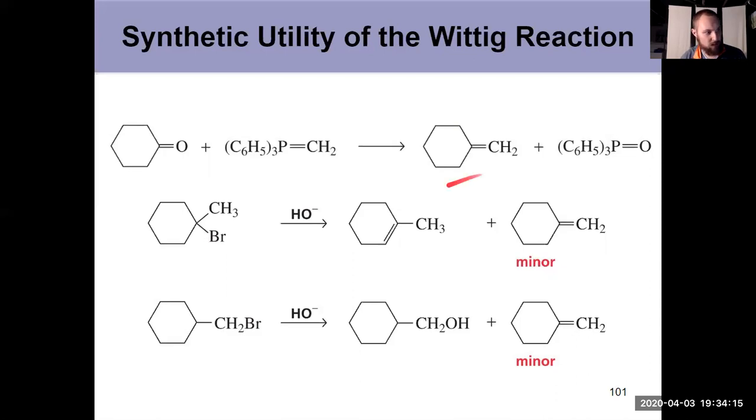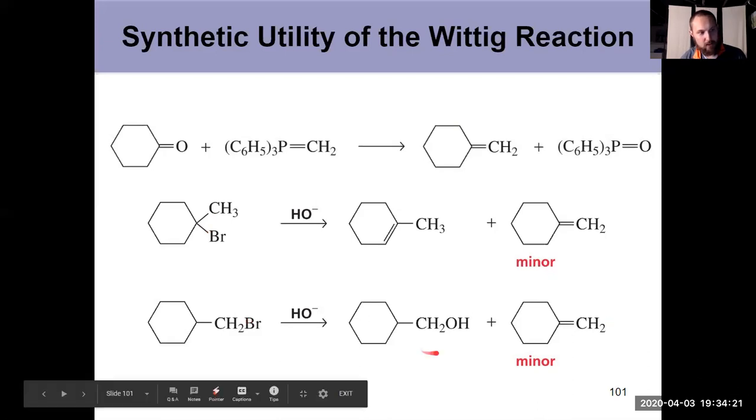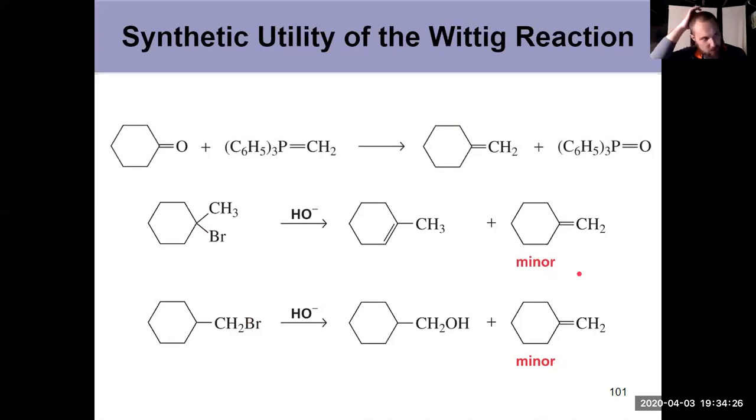Even if I start with a tertiary bromide or a primary bromide over here, in these eliminations, it's always showing up as the minor product. So the Wittig reaction is the only way to make this be a major product. It's completely regioselective. It only forms this alkene. It's one of the best ways to make a terminal alkene like this as a major product.